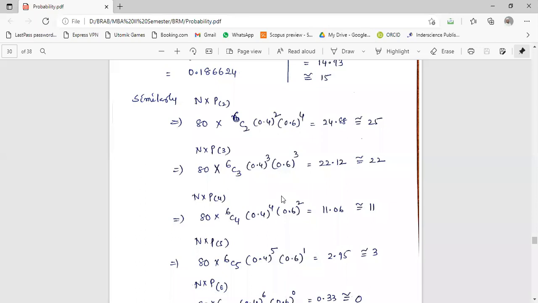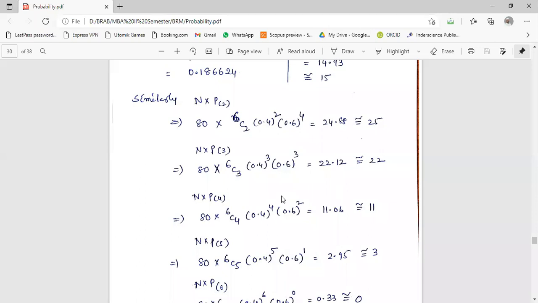Shailaja: 6 factorial 4 into 0.4 whole to the power of 4 into 0.6 whole square. Okay, you name it as 6 factorial 4. Is it 64? Yes, sir. So you will get the approximate value 11.